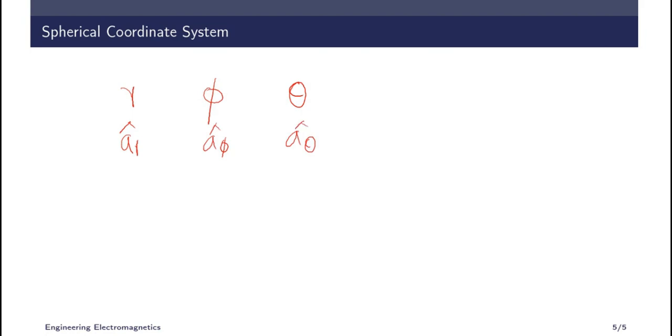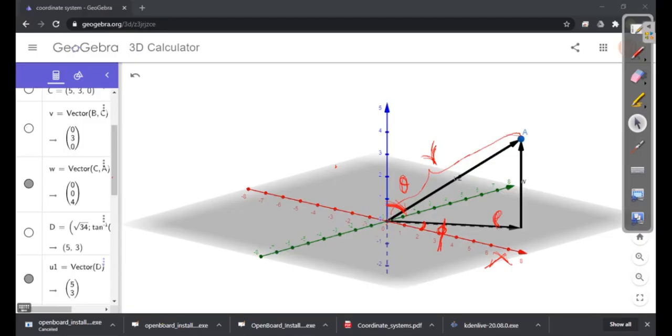Now we want to find the relation between these. Here itself we can see a right-angled triangle: r, this is rho, this is z. So rho square plus z square is equal to r square. So I can write r is equal to the square root of rho square plus z square.